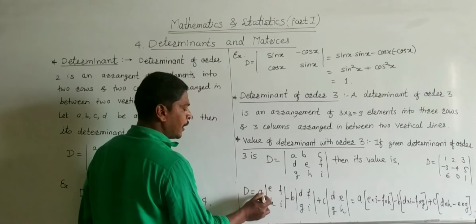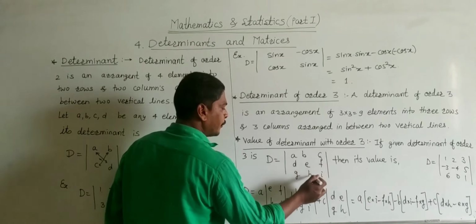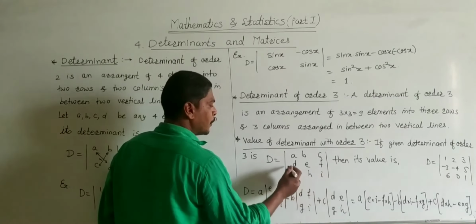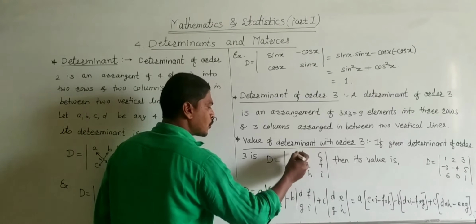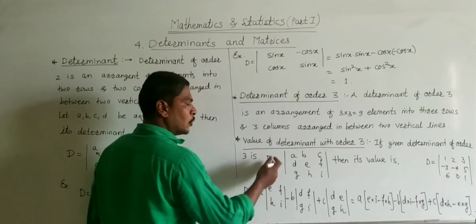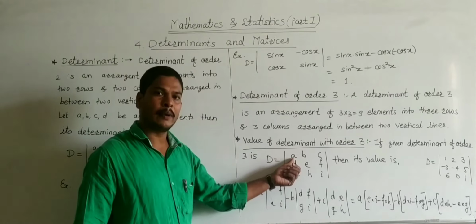So the first term has a plus sign, then minus sign, then plus sign, and now multiply the first term, that means multiply a by elements e, f, h, i. That means those elements which do not belong to the first row and first column. Okay, those elements which do not belong to the column of this element a and the row of this element a.